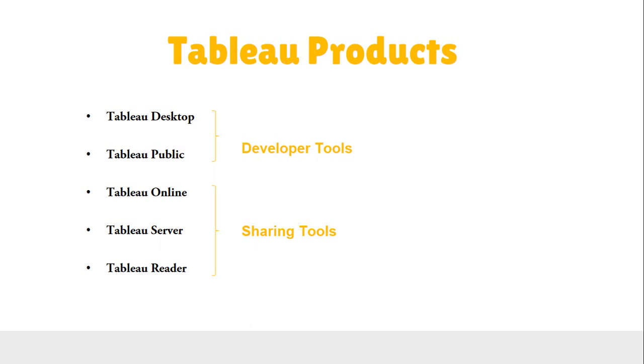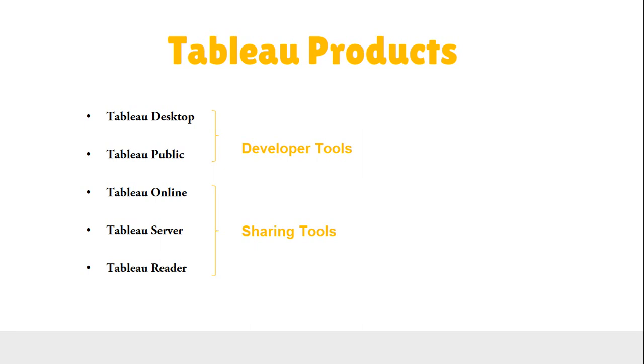What happens in Tableau, or basically in any visualization tool, is that first we extract the data, we import the data, then we try to understand the data and create visualizations out of it. Once we have created the visualizations, they need to be combined together.